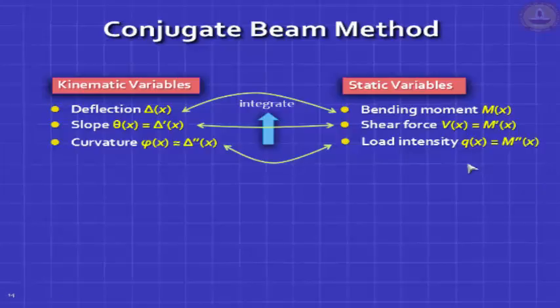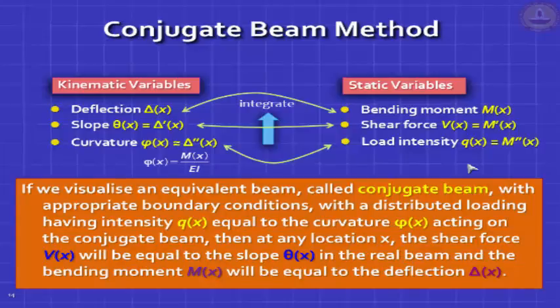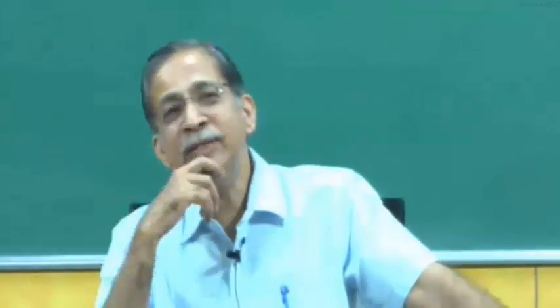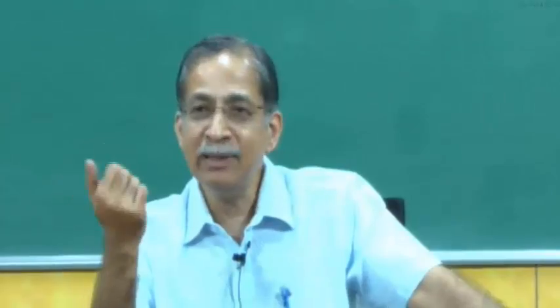This is where this method scores over the moment area method. Also, you can solve statically indeterminate problems of a certain kind. Let us see. So this is the link. Here's the definition. If we visualize an equivalent beam, an imaginary beam, but we've done lots of things in imagination. The whole virtual work method is imaginary.